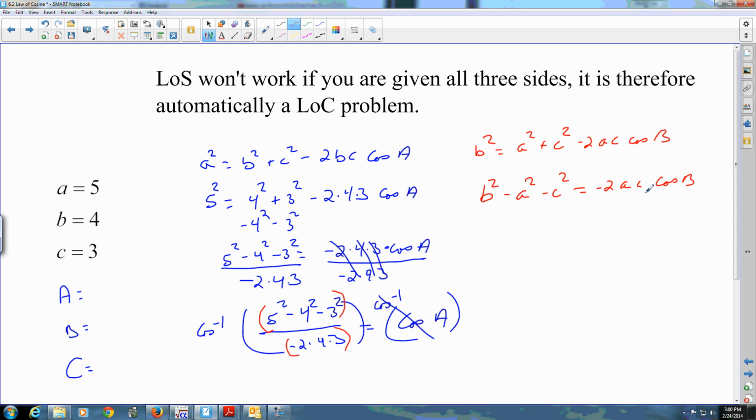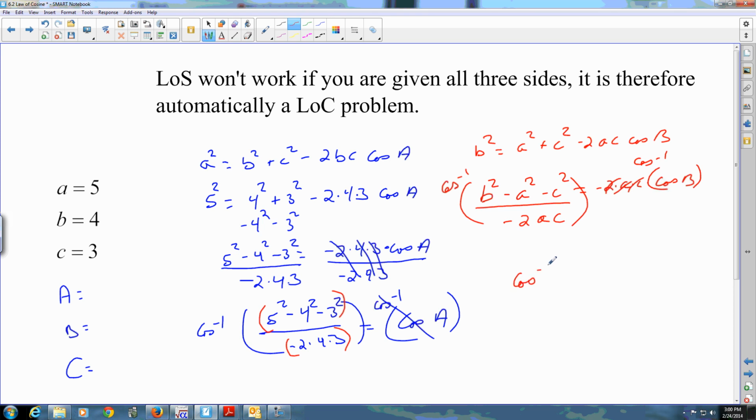Cosine of B. This stuff is all held to cosine by multiplication, so I'm going to divide it out. Once again, notice those two sides are those two sides, so this stuff is gone. Now I'm going to take the inverse cosine of both sides. And if you want, you can just fill the numbers in right here.